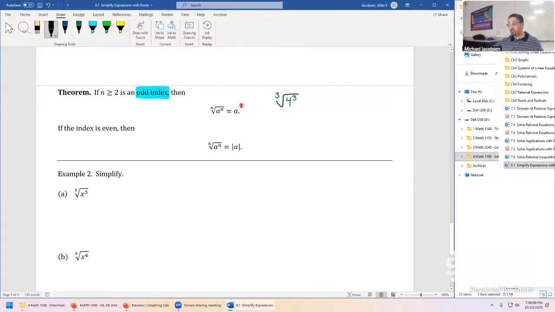The formula says it should just be 4, that the index here divides into the power, just giving us a 4. But if you did order of operations on this thing, here's what it would be. The cube root of 4 to the power 3, which is 4 times 4, which is 16, times 4, which is 64. But that just means the cube root of 64 is 4.